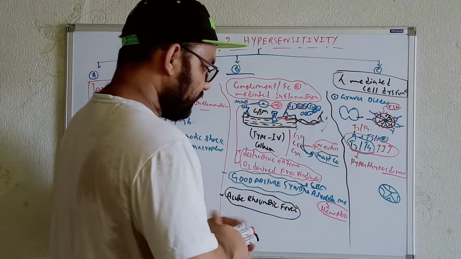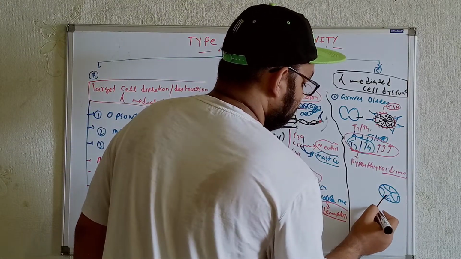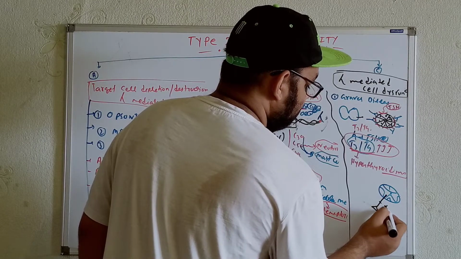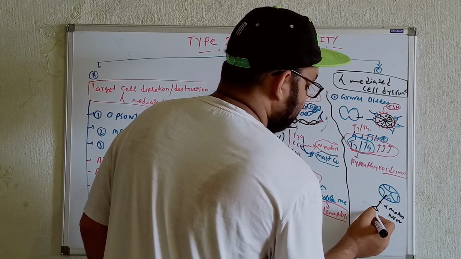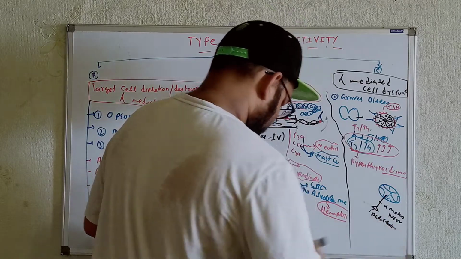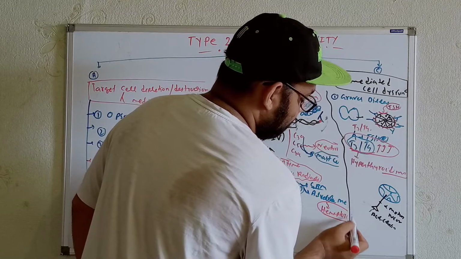Now, from here, basically we know what? The alpha motor neuron will come over here. The alpha motor neuron will release what? Acetylcholine, and this acetylcholine will bind with the receptors for acetylcholine that are present on the muscles.